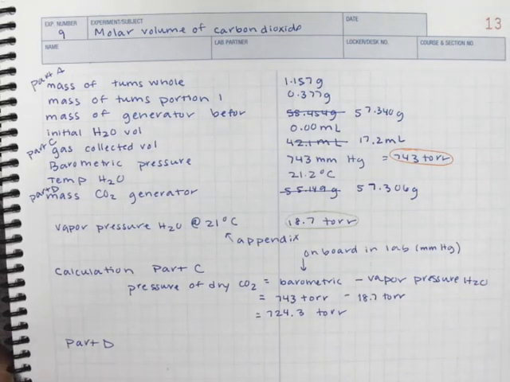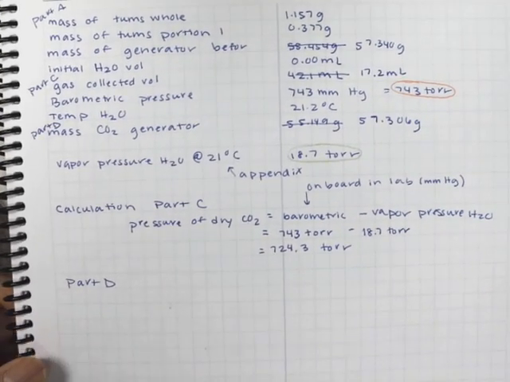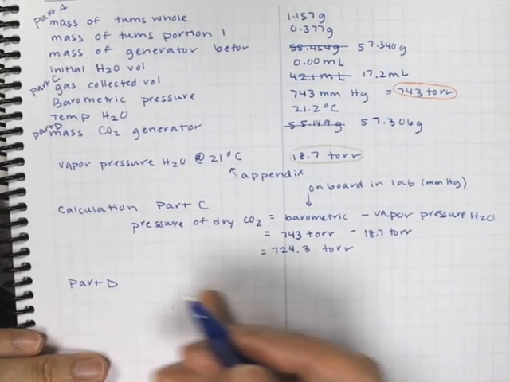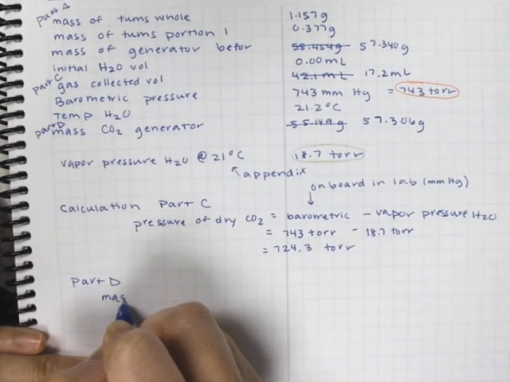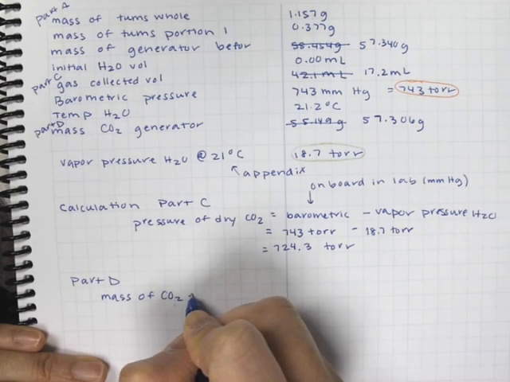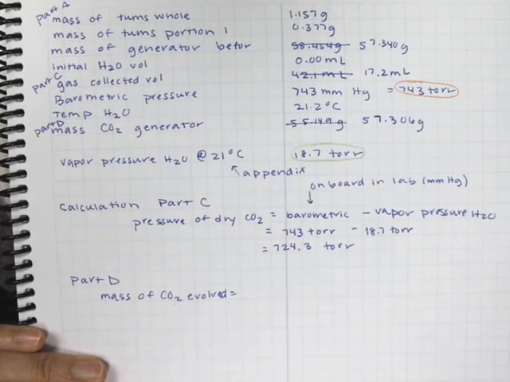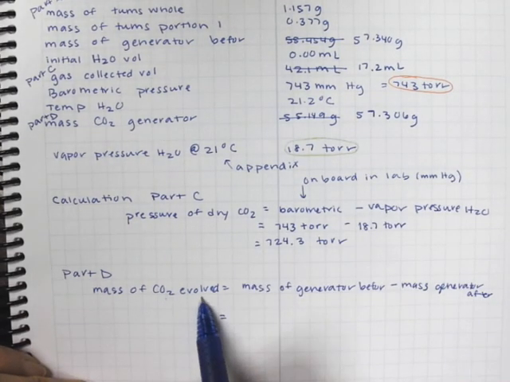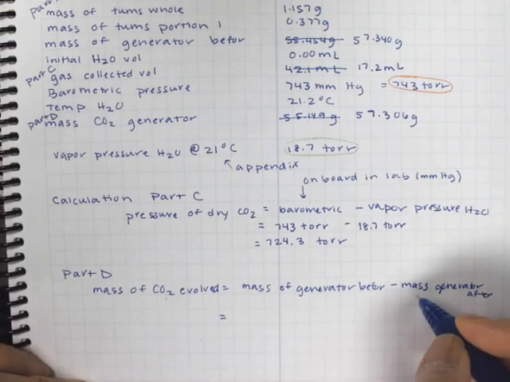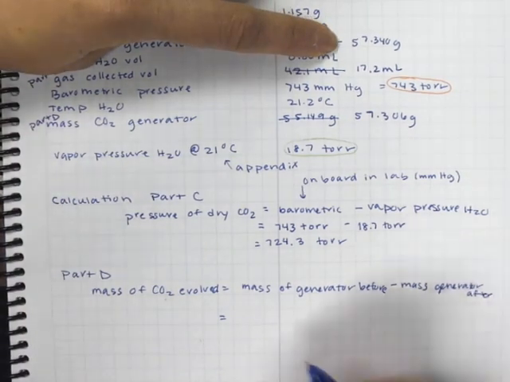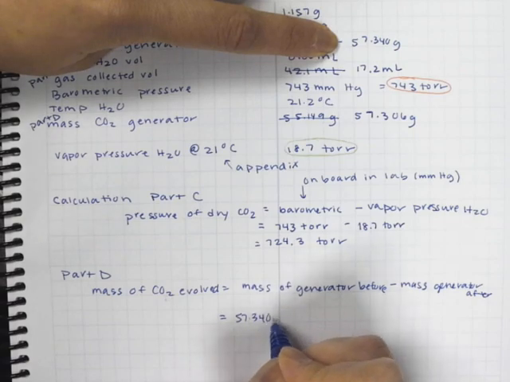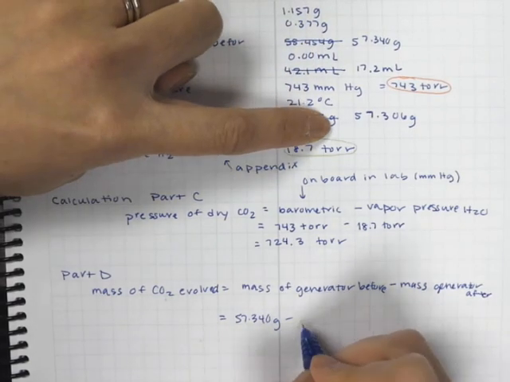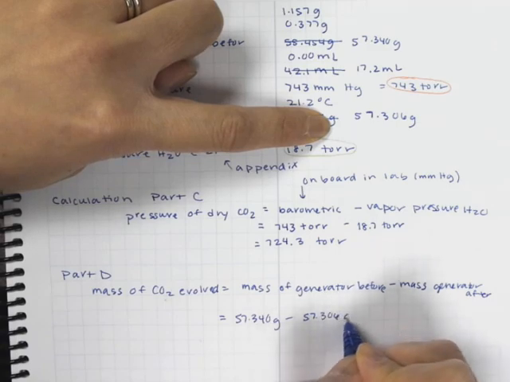The next calculation is in part D, determining the mass of the CO2 generator and its contents, so you can see how much CO2 is evolved. The mass of CO2 evolved is equal to the mass of the generator before, which for me is 57.340 grams, minus the mass of the generator after, which is 57.306.